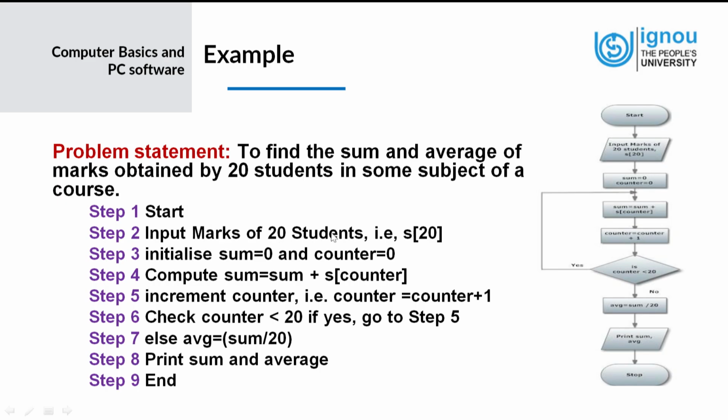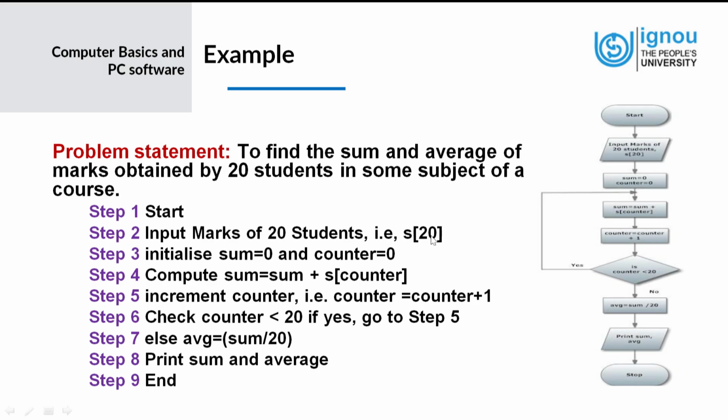Input marks of 20 students. Now this is basically an array, where S is the name of the array, and 20 is the number of indexes which are possible. So marks of 20 students are being stored into this array, and by default C stores these indexes as 0, 1 till 19.